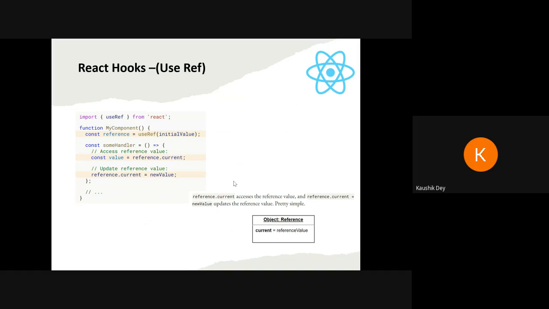And when you go reference.current, you can access the current object from reference.current, the reference value. It's very simple. Current is equal to reference.value. You can get the new value, whatever the activity, whatever the objects are displayed over there, and the updated state. You can get the value.